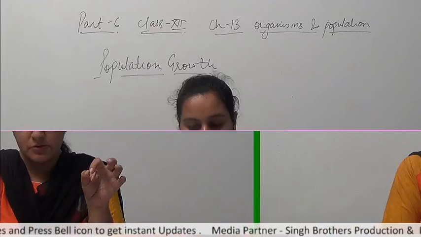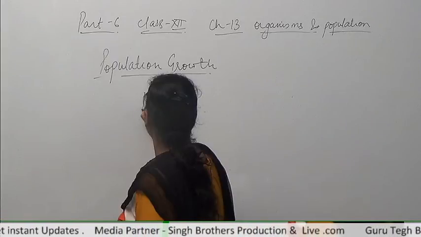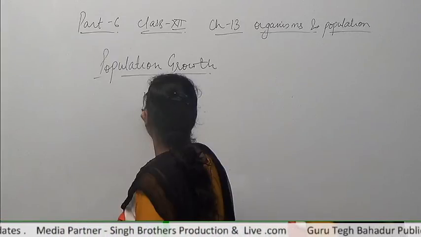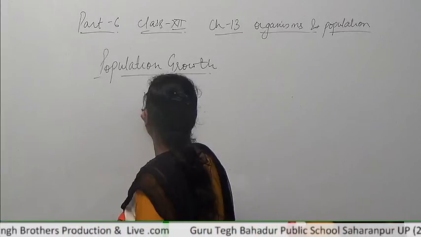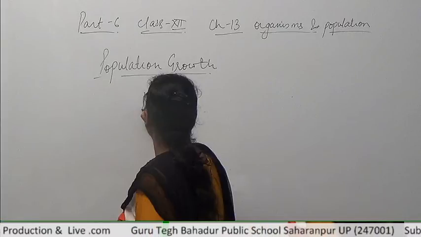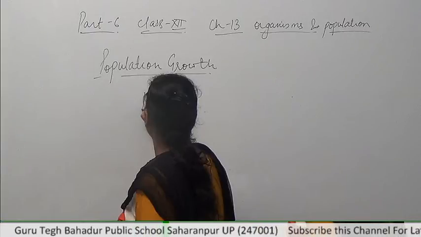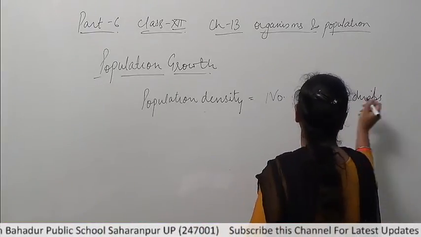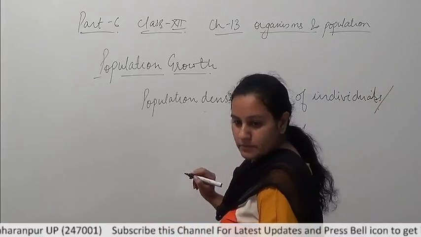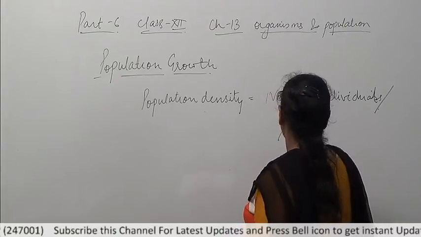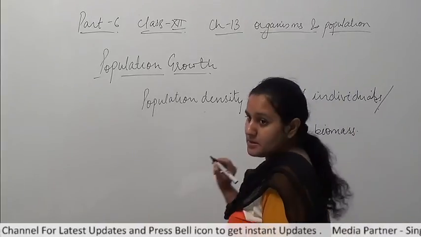So population density is equal to the number of individuals or the percent of biomass, how much percent of biomass is there.